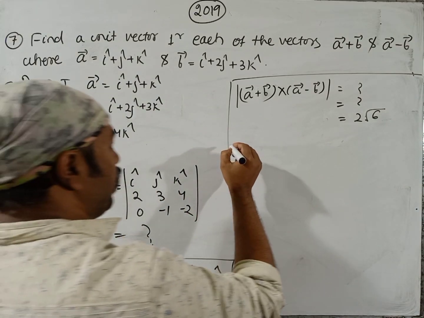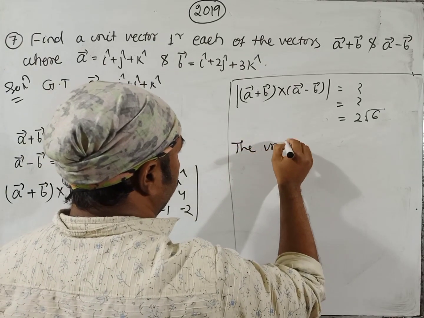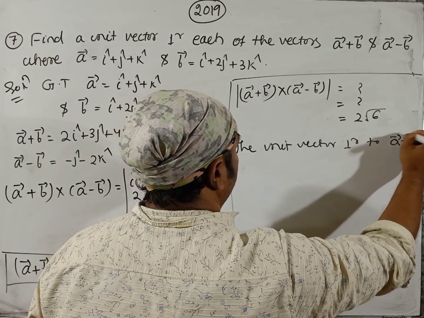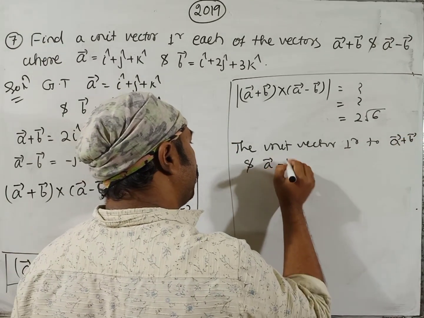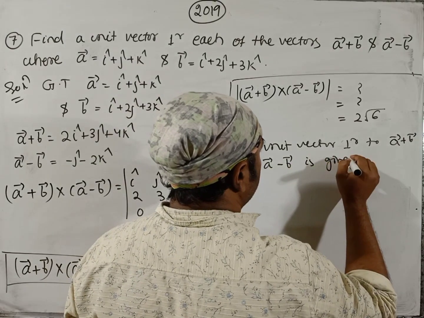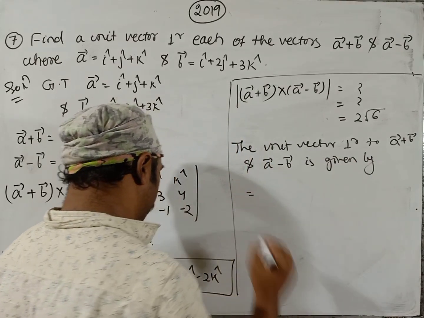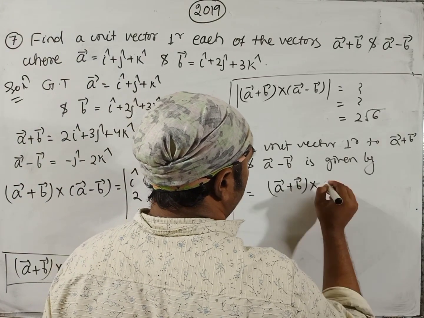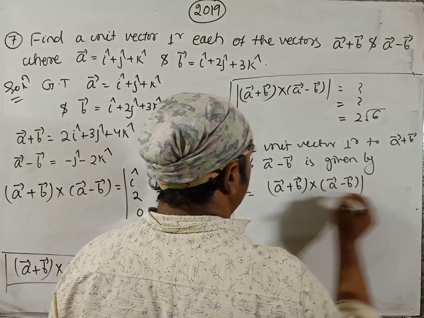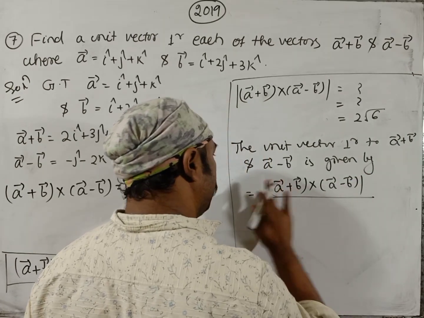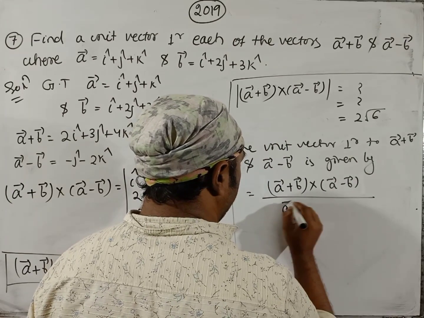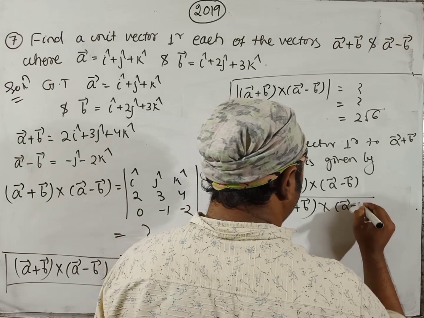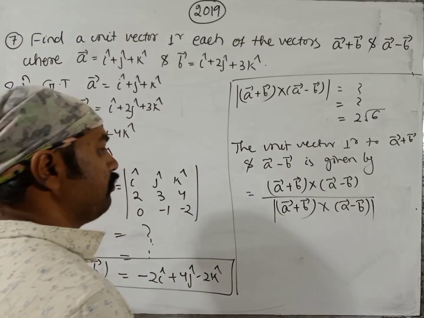Then the final step. The unit vector perpendicular to A vector plus B vector and A vector minus B vector is given by the cross product of A vector plus B vector and A vector minus B vector, divided by its magnitude.